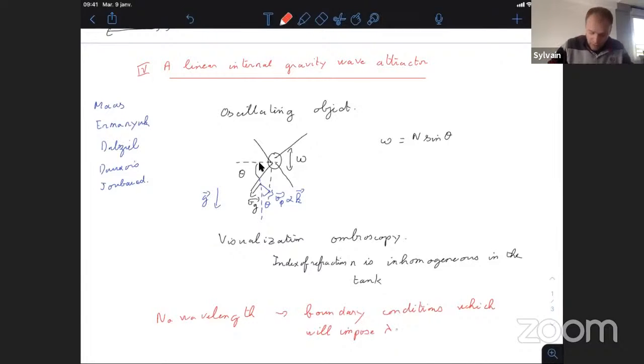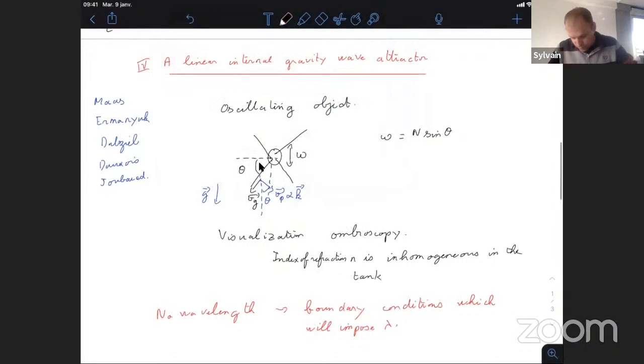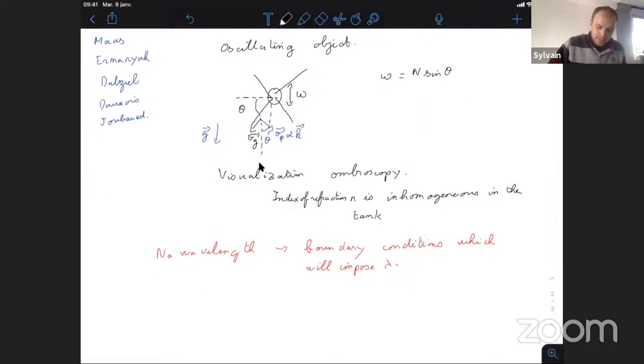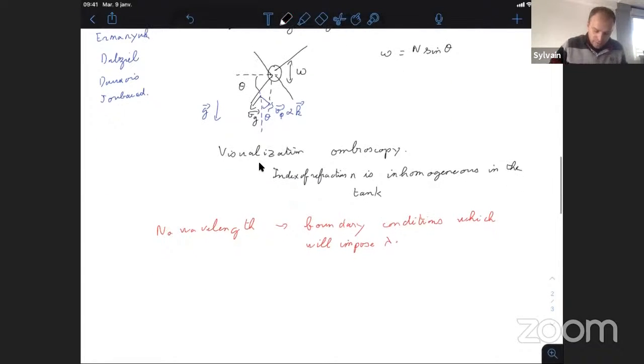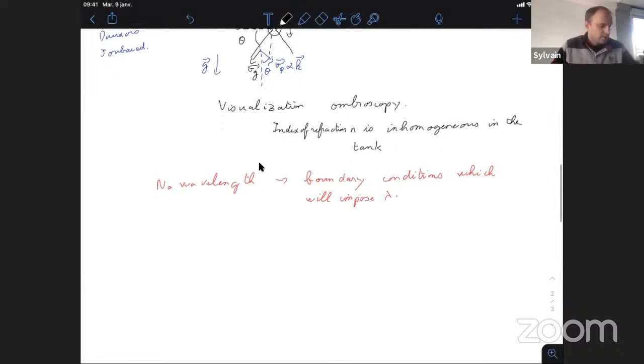That is a very important point. So you have seen this yesterday, and you have a lecture on internal waves, and this is just a reminder for what follows.